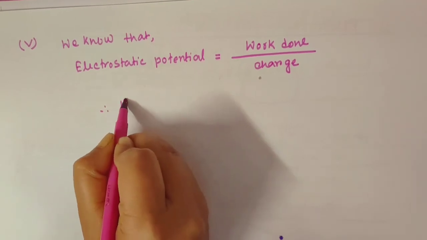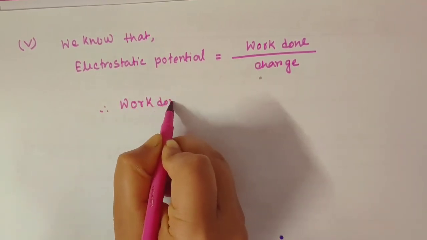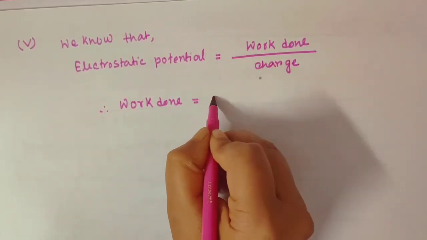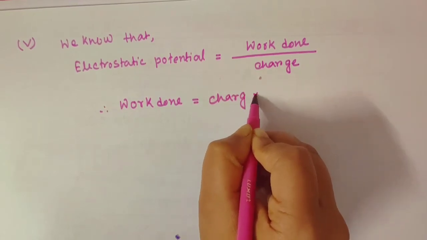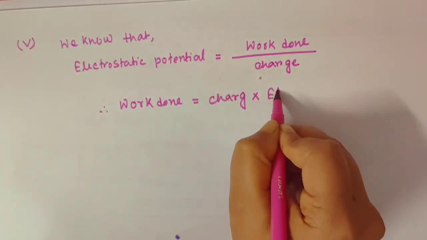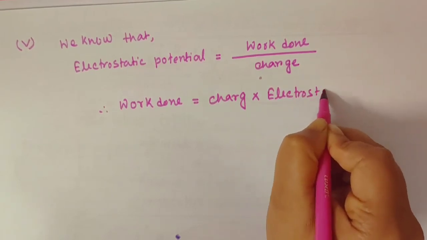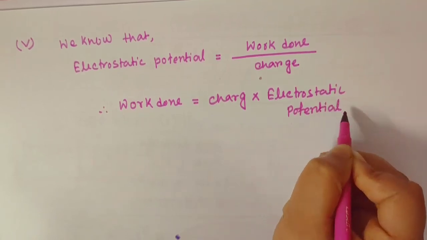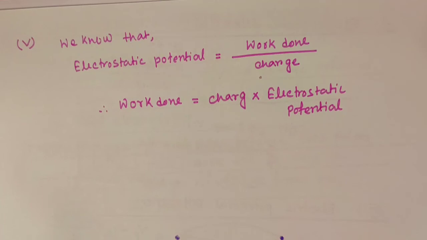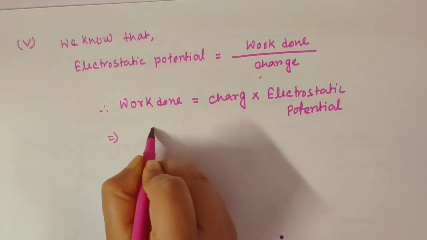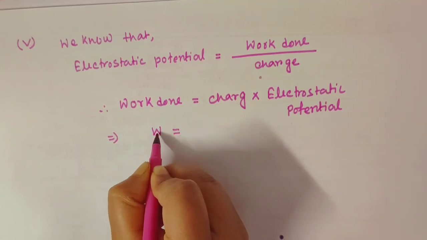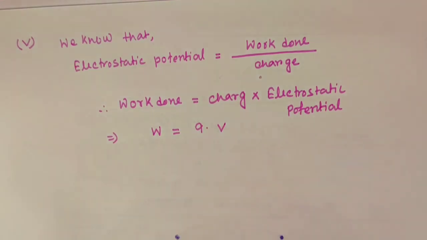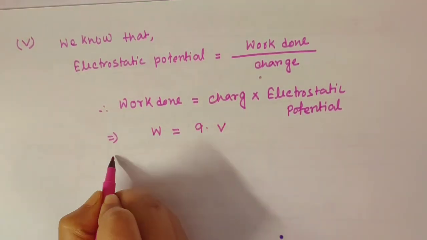Hence from this, if we cross multiply, work done is equal to charge into electrostatic potential. So in short we can write W, work done, is equal to Q, charge, into V, electrostatic potential. So W is equal to QV.